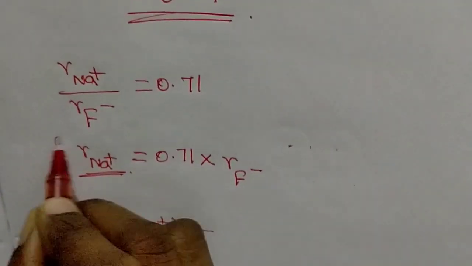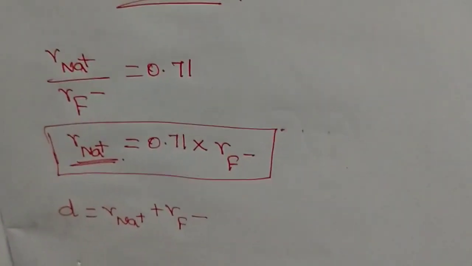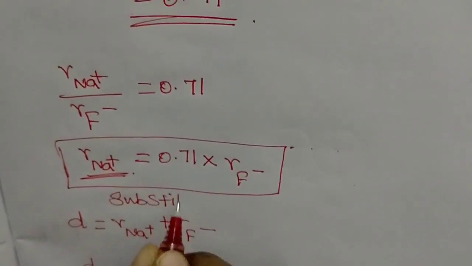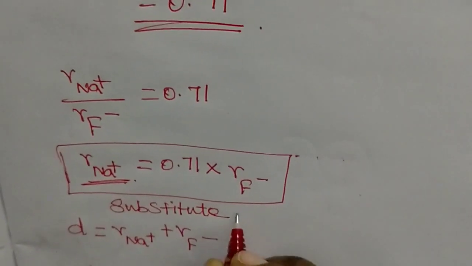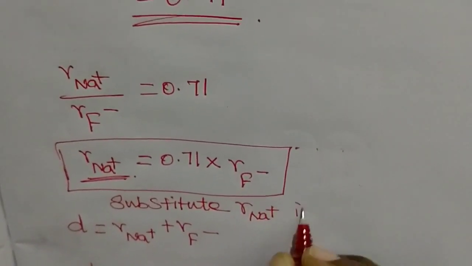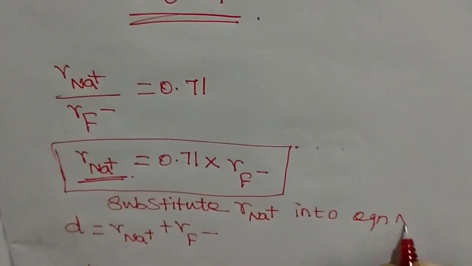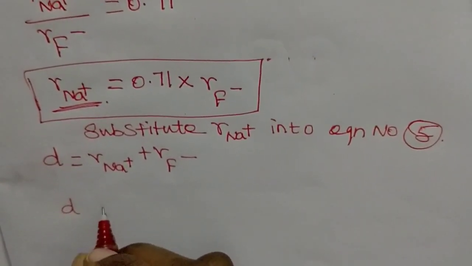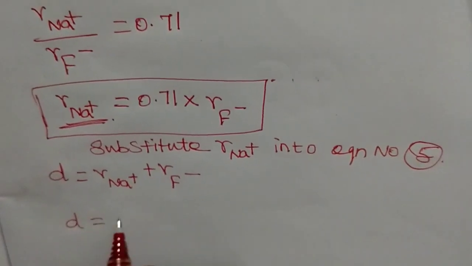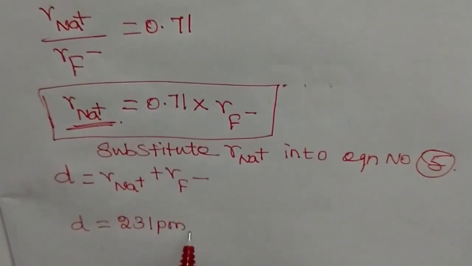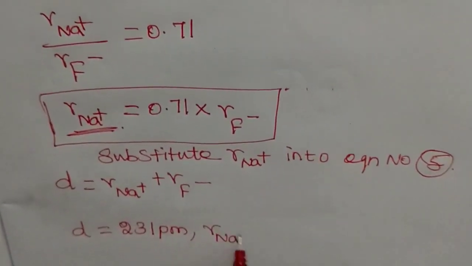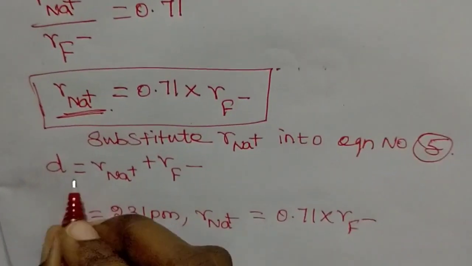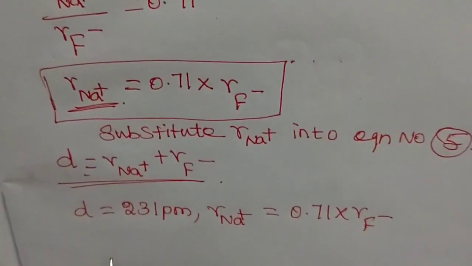So substitute the value of r_Na+ into equation number 5. d is equal to 231 picometer, and r_Na+ equal to 0.71 times r_F-.